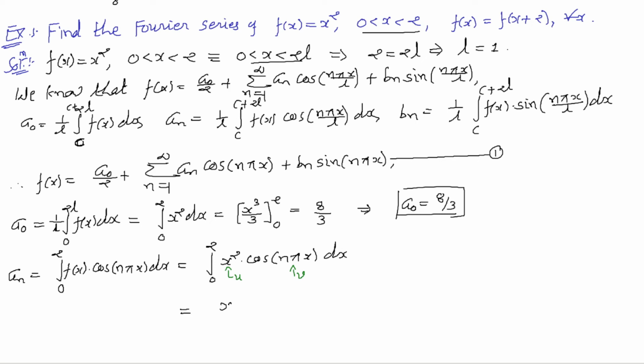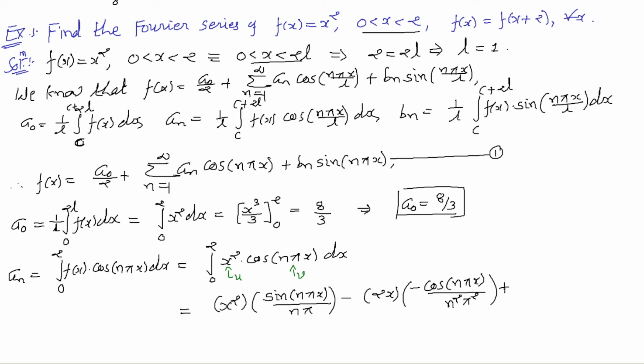Apply the general rule of integration by parts. So u as it is, integration of v, sine n pi x upon n pi, minus, derivative of x square is 2x. Integration of sine n pi x is minus cos n pi x upon n square pi square, because 1 n pi already we have.